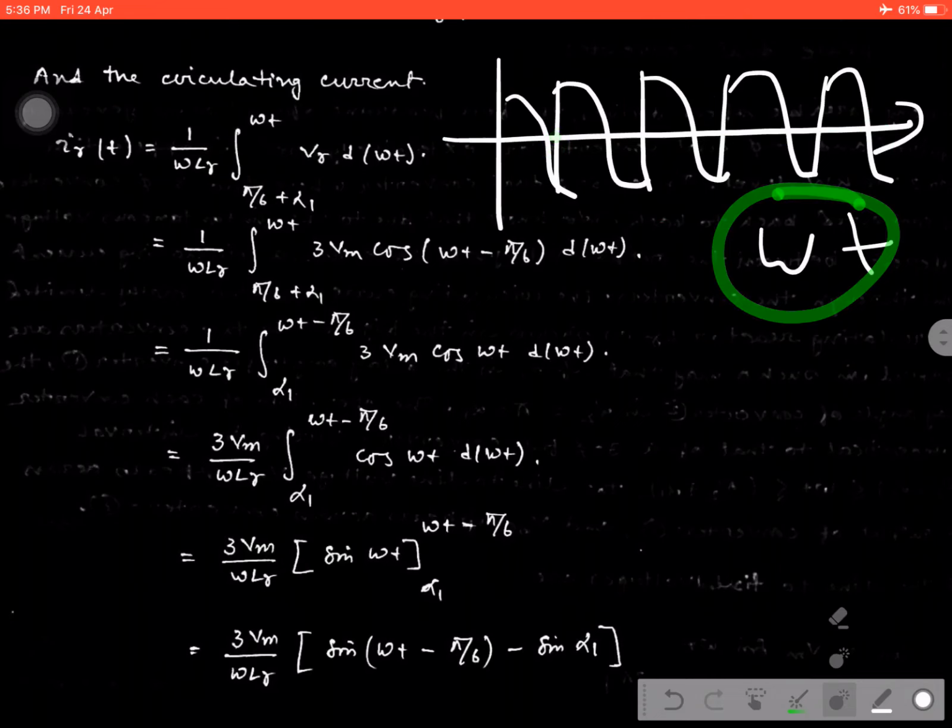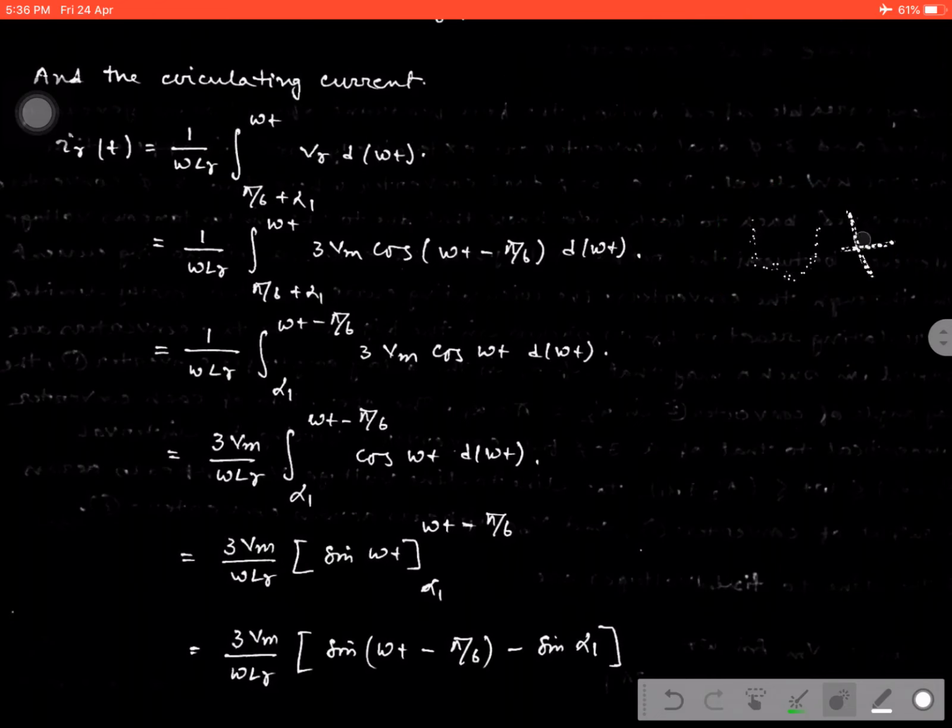So in this way we have the limits π/6 + α1 to ωt. Now the remaining parts are very easy. It's a simple simplification, which is the next step. In this step, we have changed one thing.